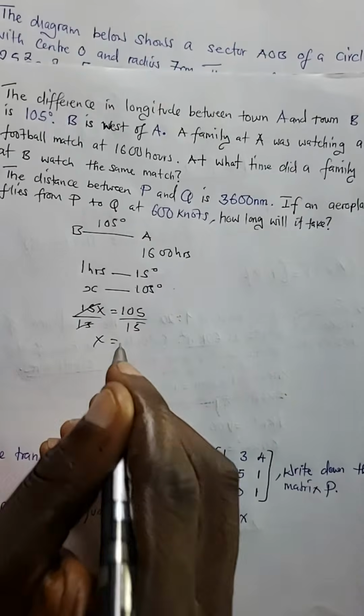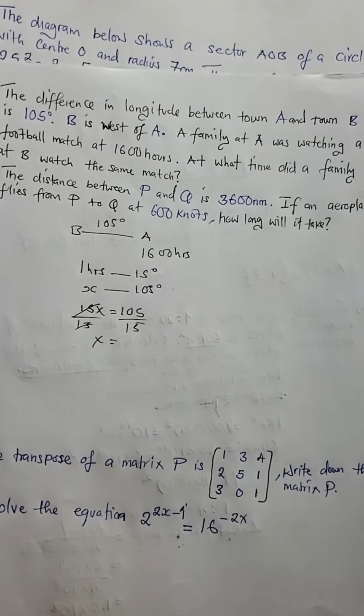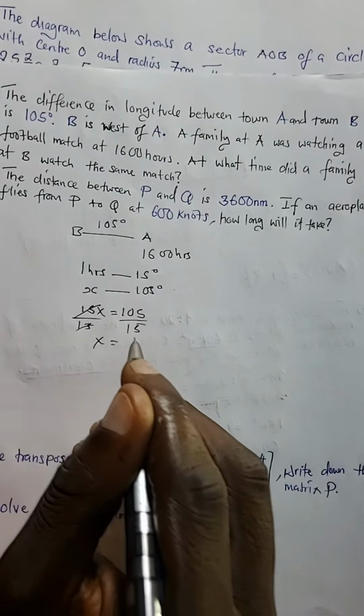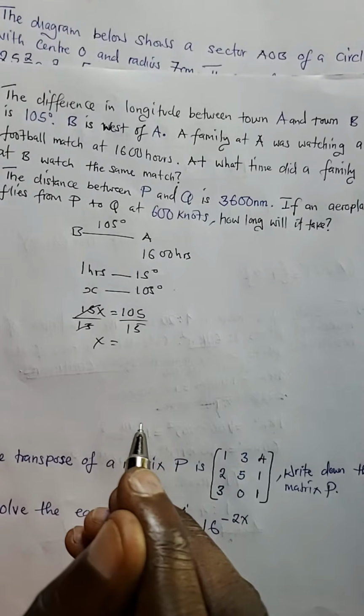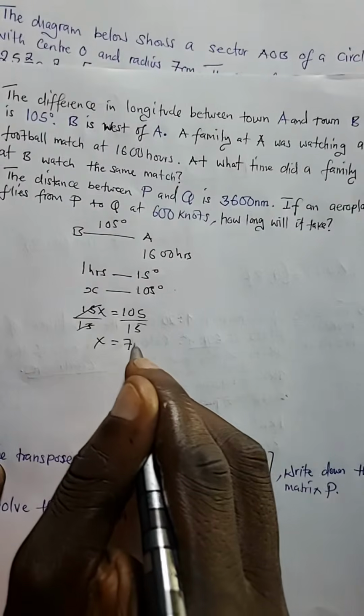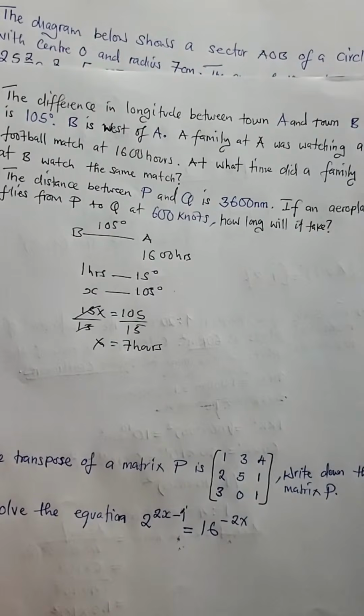How many times does 15 go into 105? It is 7, because 15 times 6 is 90, so it goes into 105 seven times. So 7 hours is the difference in time between the two towns.